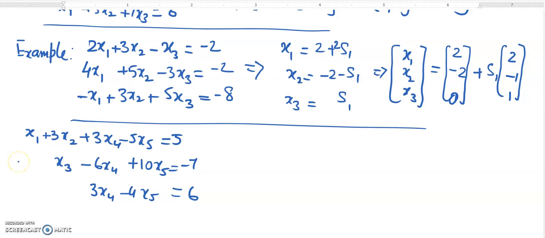So let's find the solution using either the Gauss-Jordan or Gauss elimination method. First of all, we write the augmented matrix.